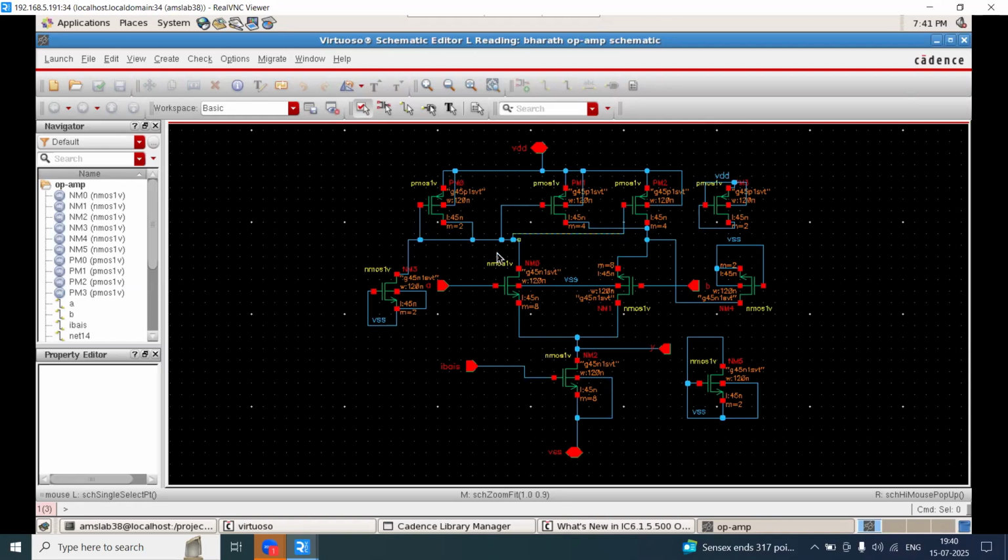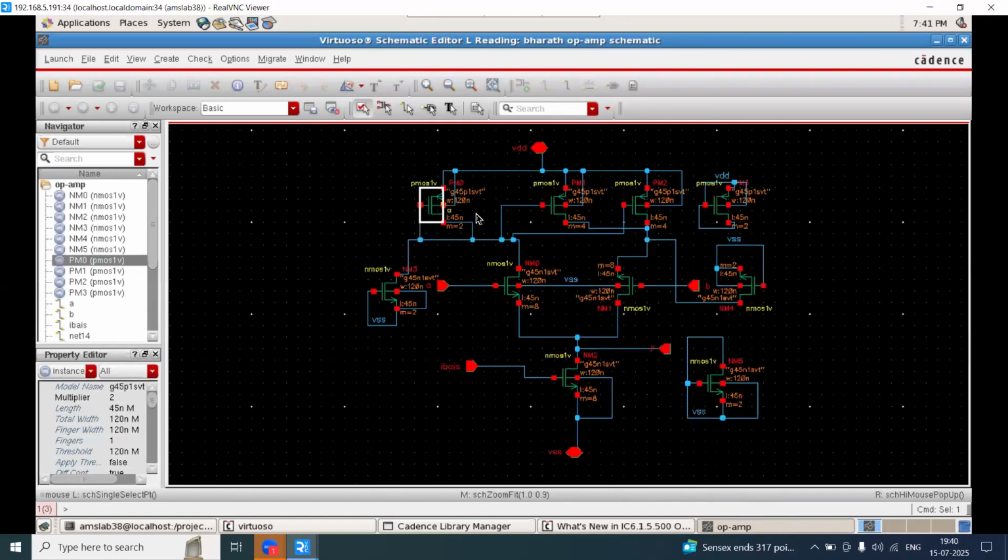Here, all the gates. This is one device, which is a current mirror diode device. Here, gate and drain are shorted together.